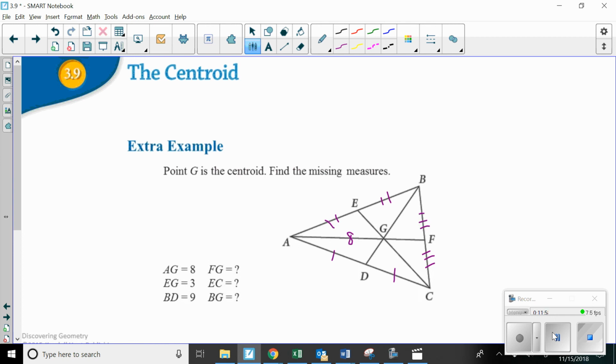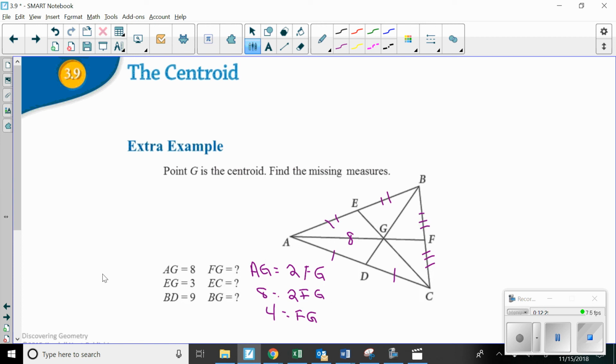Okay, so AG equals twice FG. If AG equals 8, then FG equals 4, because I'm going to divide both sides by 2, because AG is twice as long as FG.